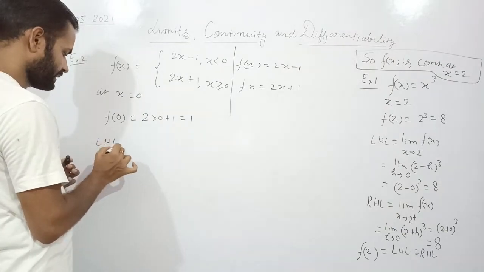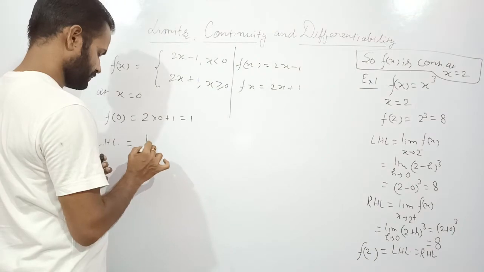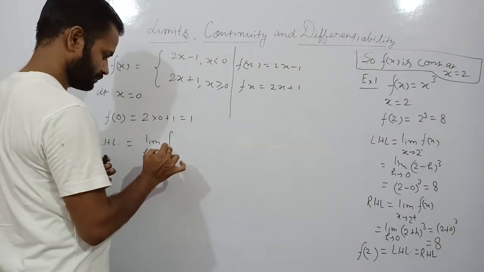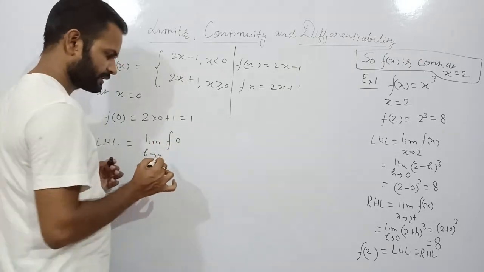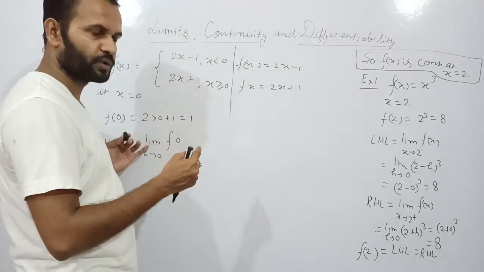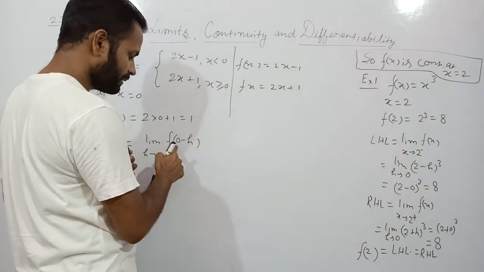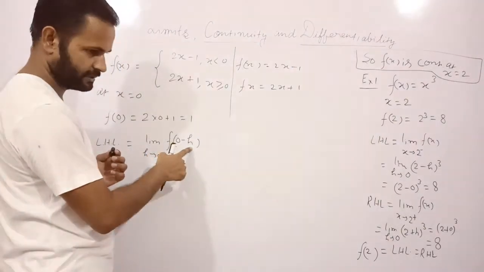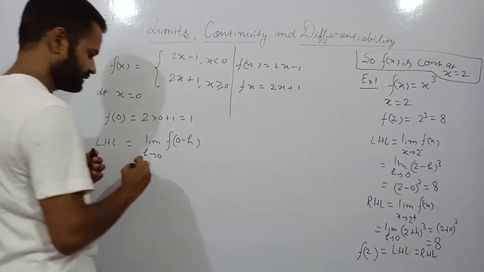Now let us calculate LHL. What is a? 0. So a minus h for LHL. Putting 0 minus h in f, for LHL.